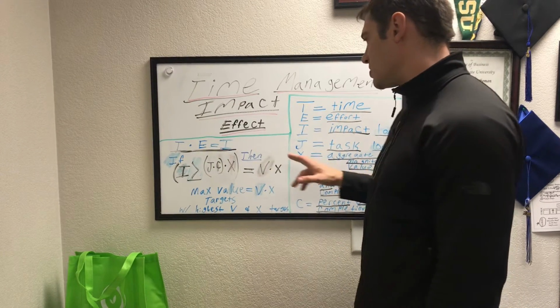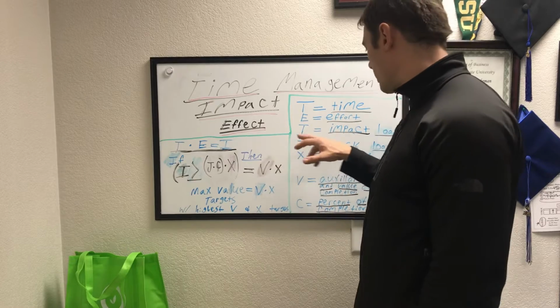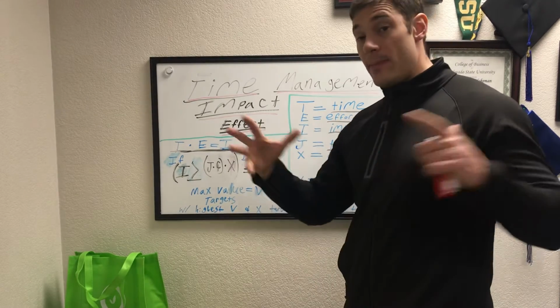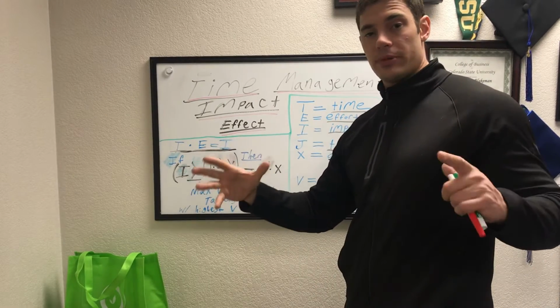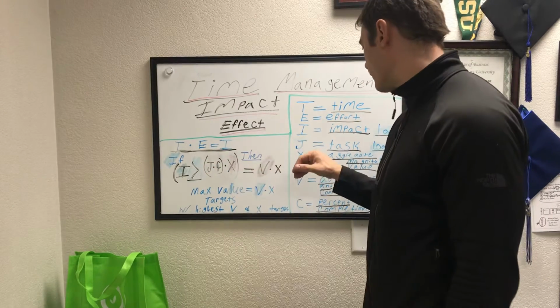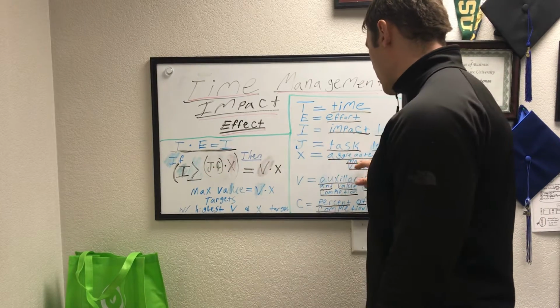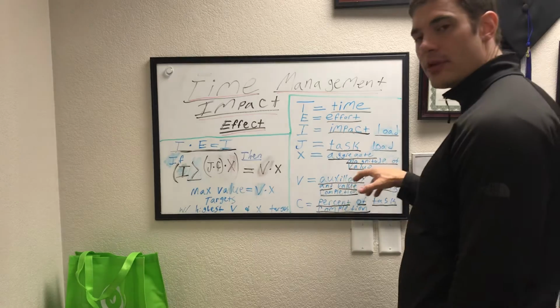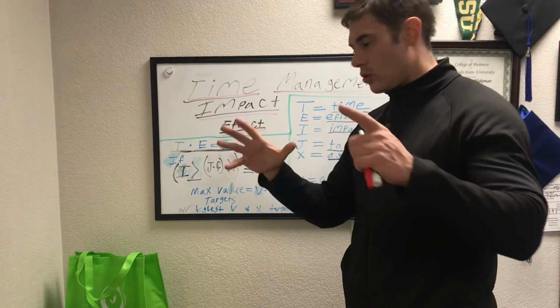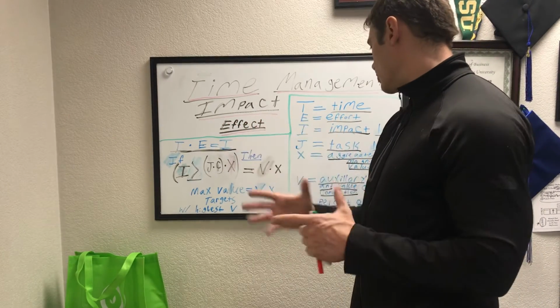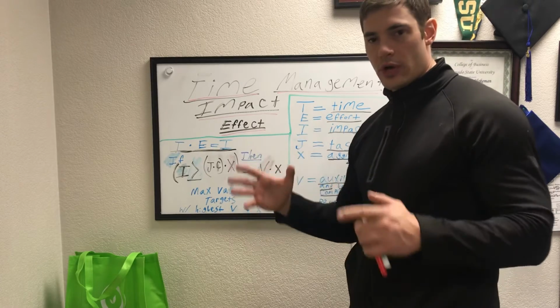Task load is J for job, right? The task load. How big is the task to completion, basically? The total value of J. X is aggregate magnitude of value. What is the whole magnitude of value? Okay?